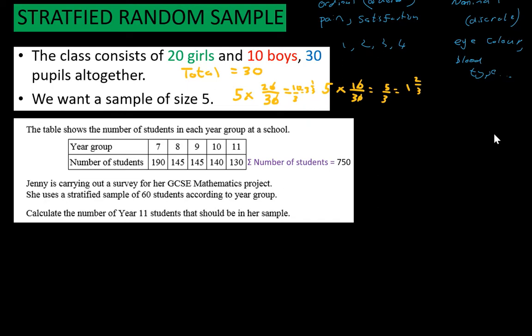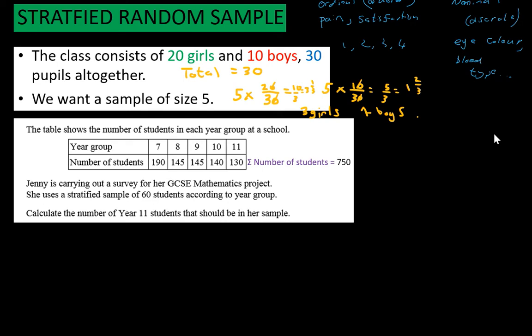So we need to select 3 girls and 2 boys to give a sample size of 5.